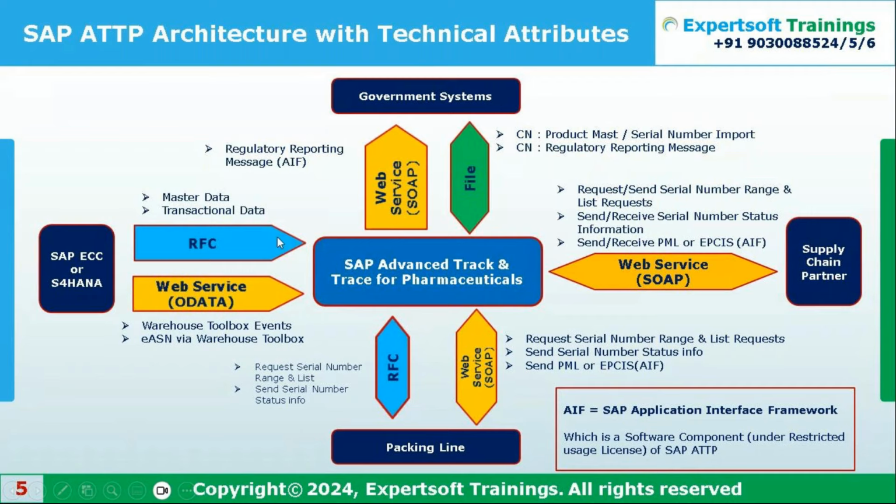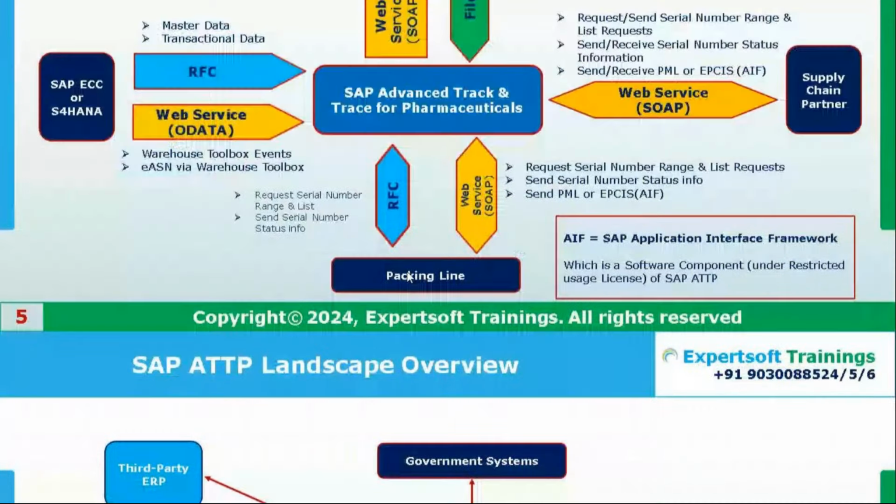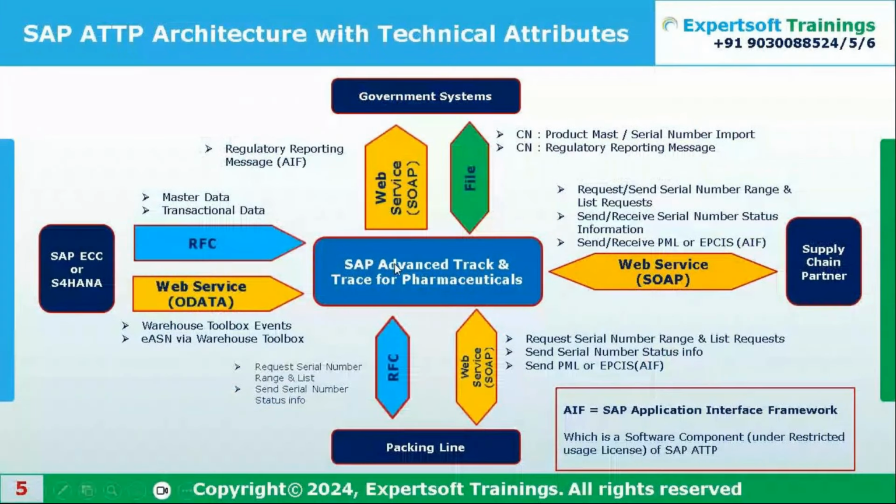You have to push all the master data, which is first of all your material and your customer, and all the transaction data. Transaction data means whatever documents you are creating for your partner, like delivery documents, sales documents, or purchase orders, which have to be integrated with SAP ATTP. So ATTP should know what we are selling, whom we are selling to, and where we are selling.